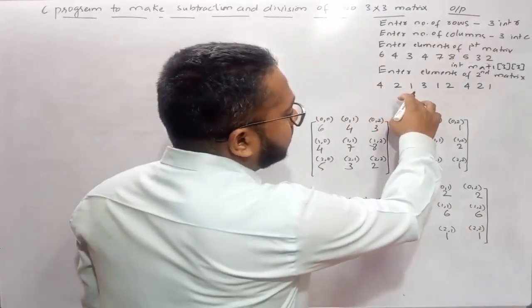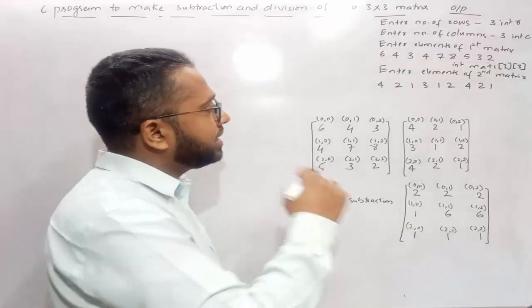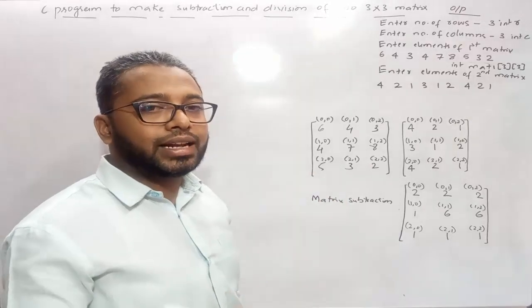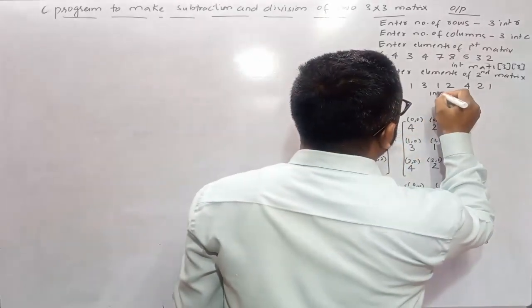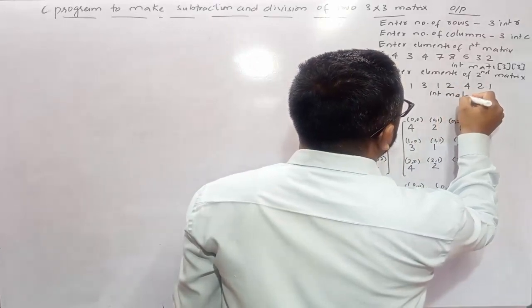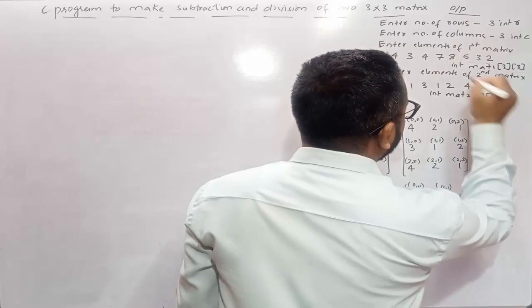Next, I'm asking the user to enter the elements of the second matrix, and these elements will also be stored inside an array. That's why I need to create one more array, int mat2 with 3 rows and 3 columns.